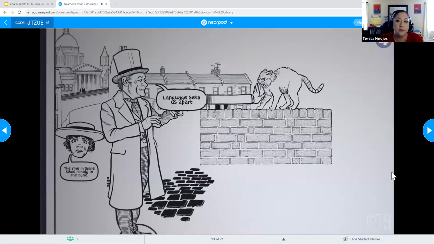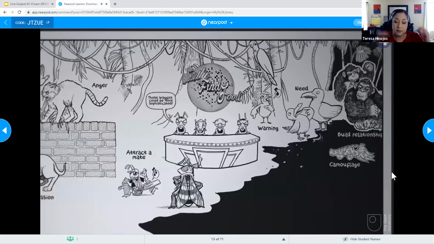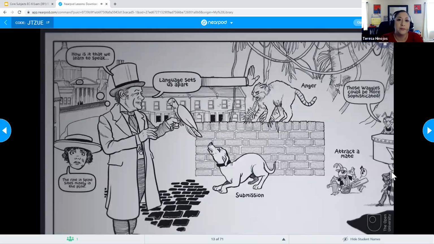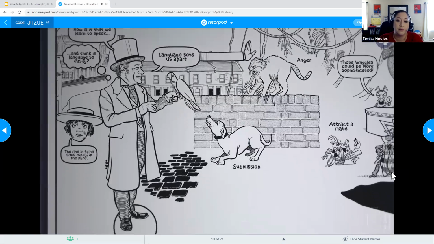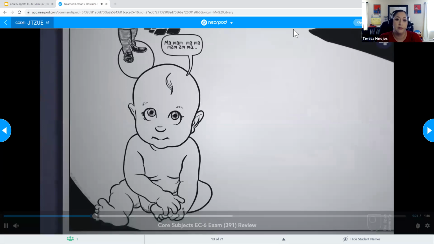Language sets us apart. Other animals communicate, but they don't have anything approaching the sophisticated grammar of human languages. How is it that we learn to speak and think in language so easily? Young children become adept in a new language very quickly.